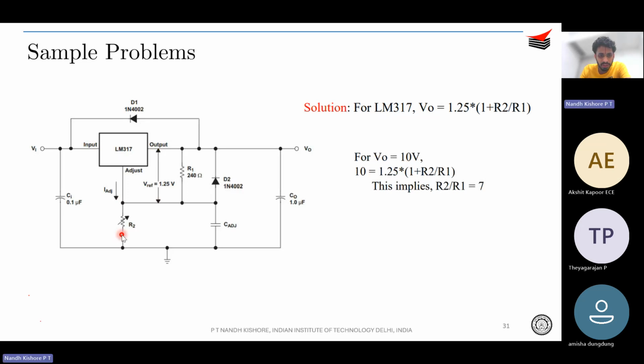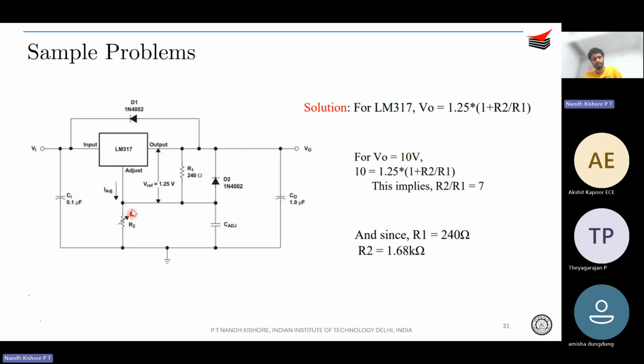Okay, so once you know what is VR2, right? VR2 is simply I into R2 and VR1 is equal to Vref, that is 1.25 volt. Okay, so from this itself you can calculate, since R1 is given as 240 ohms, you can know what is R2. Okay, simple problem, right?